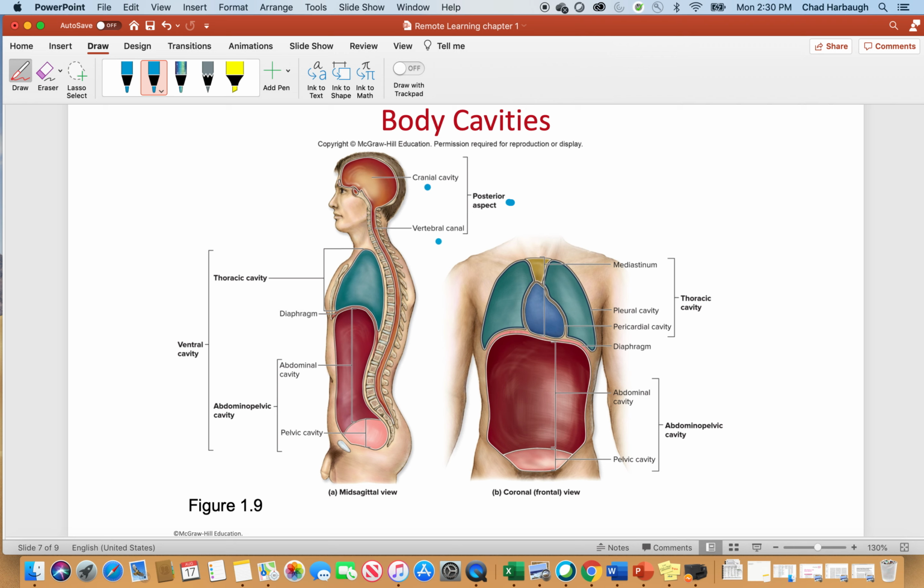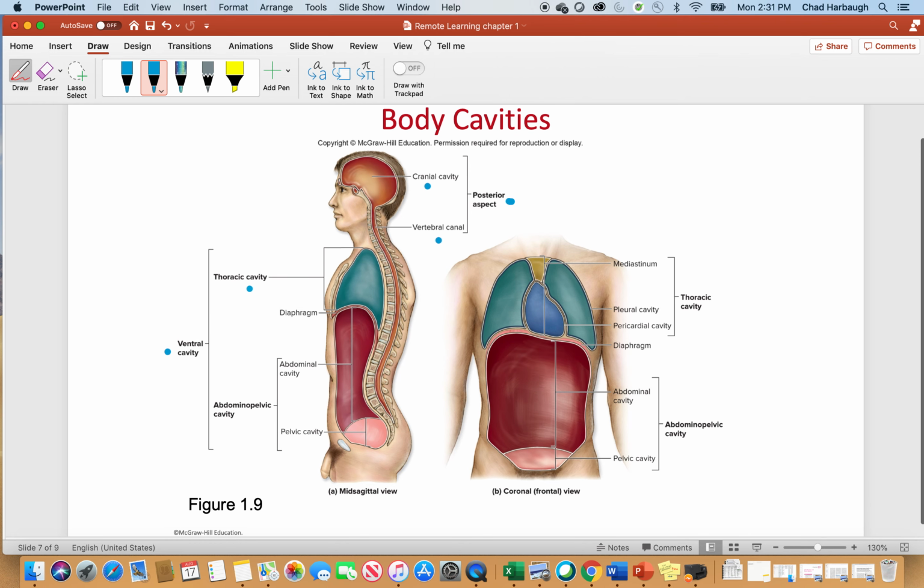The vertebral canal is formed by the individual bones of the vertebral column and the spinal cord. It also does not have a serous membrane. When we look at the ventral cavity, the first thing that we're going to do is divide it into two simple areas.